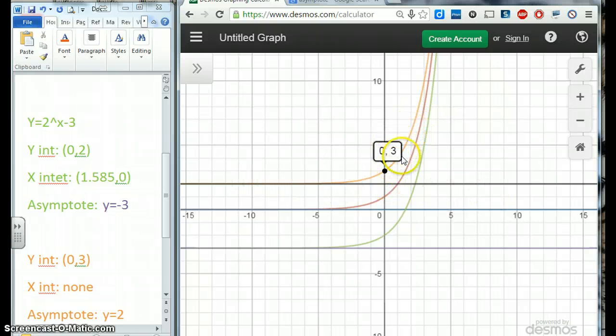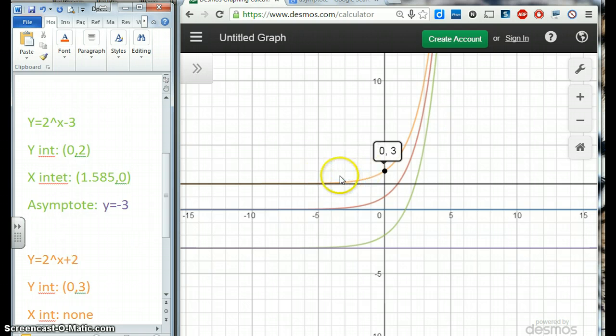So the orange one, which would be our, what was this equation? Y equals 2 to the x plus 2. Okay, so this one is shifted up.